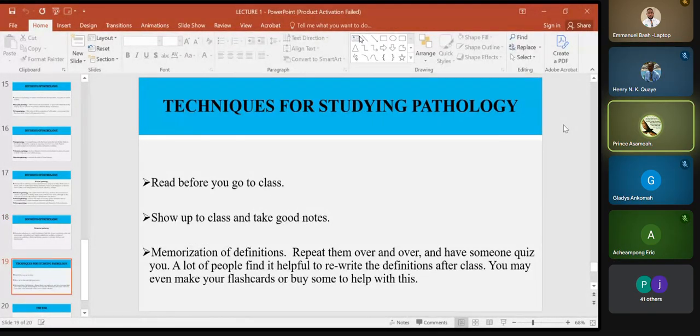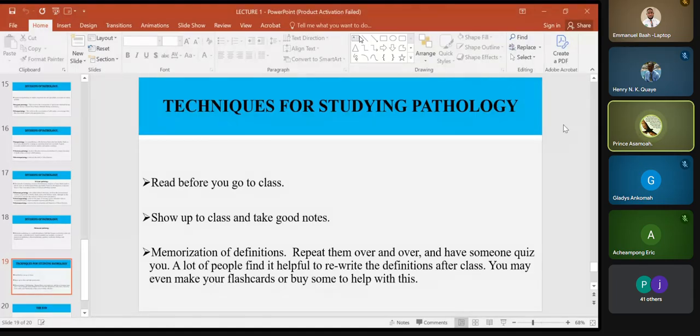So what else should we look at? Techniques for studying pathology. Just as it is for anatomy and physiology, you have to read before you come to class. That is very true. Then show up to class and take good notes. You also have to learn to memorize definitions.